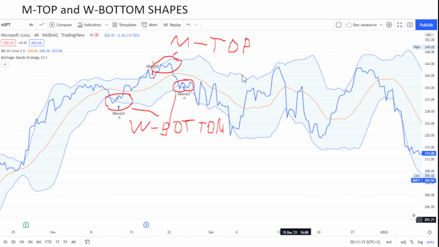And we can track these shapes and use them as a signal to enter the market and to predict the future direction of the price. It's a very simple concept, but you should keep it in mind and rely on it when you trade in real market conditions.